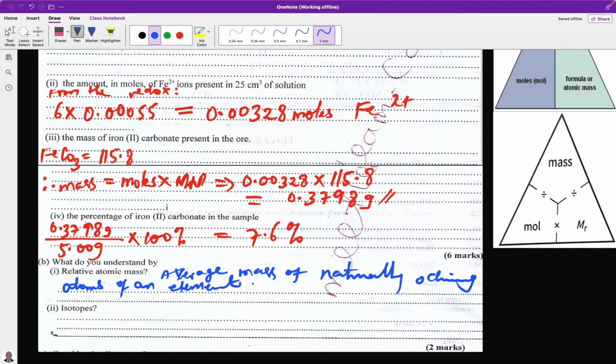On a scale where the carbon 12 atom has a mass of exactly 12 units.